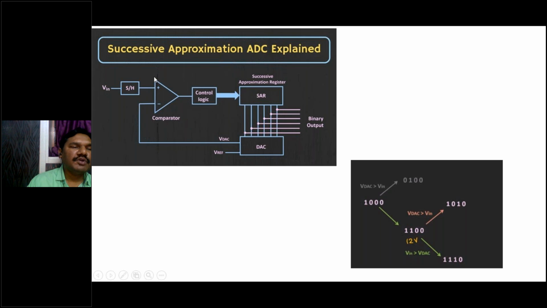Now this op amp has two inputs. One is the usual analog input, and another one is coming from this DAC. DAC stands for digital to analog converter, and this analog signal and the input signal will be compared.